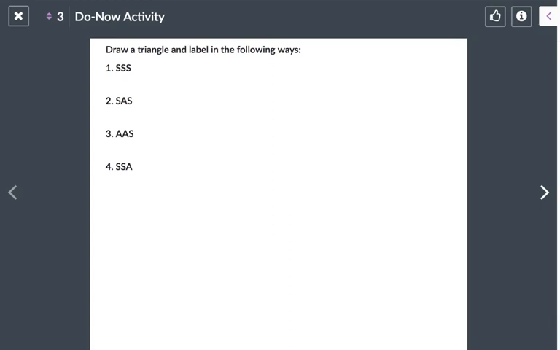Let's go to the Do Now activity first. Draw a triangle and label it in the following ways, which means normally we want to label the SSS pattern.